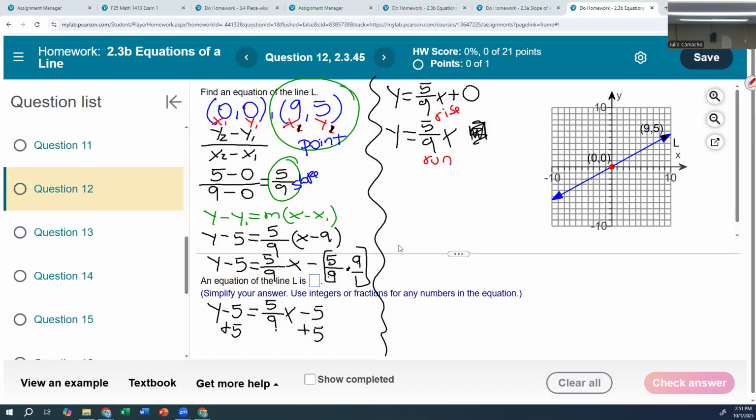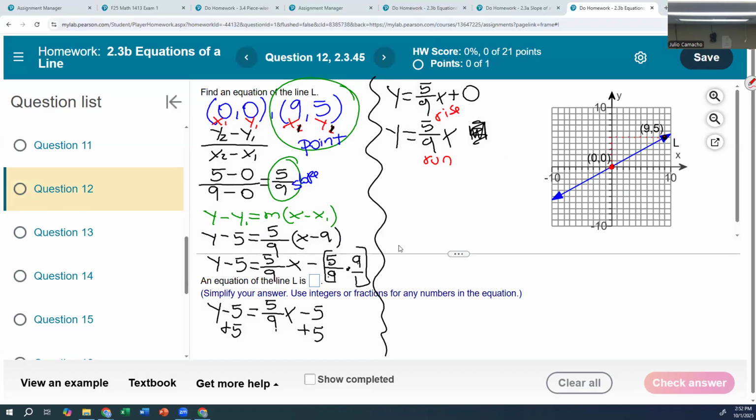So you have 1, 2, 3, 4, 5. And then you run 9: 1, 2, 3, 4, 5, 6, 7, 8, 9. So we check algebraically and we check graphically that this is the equation of the line.